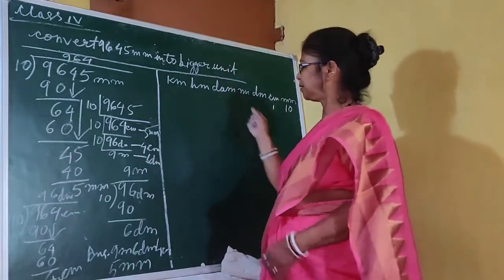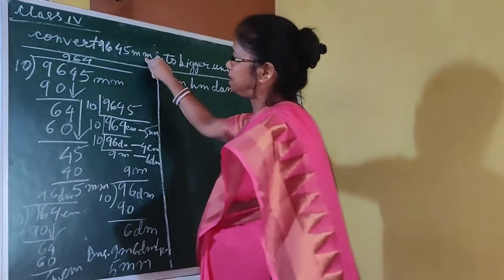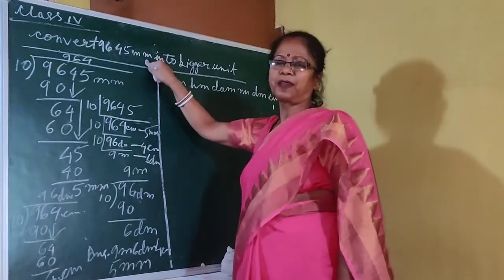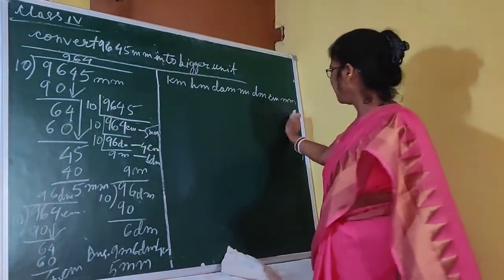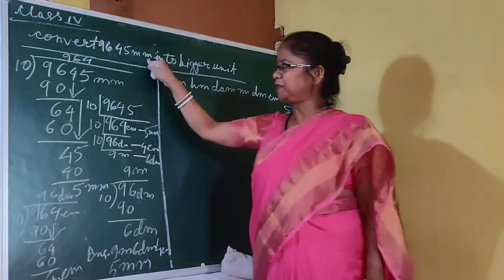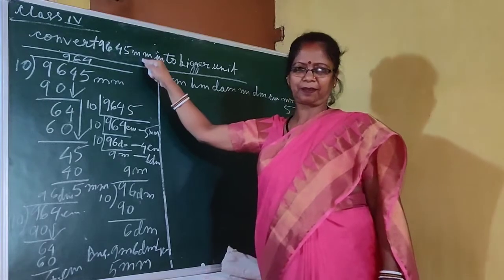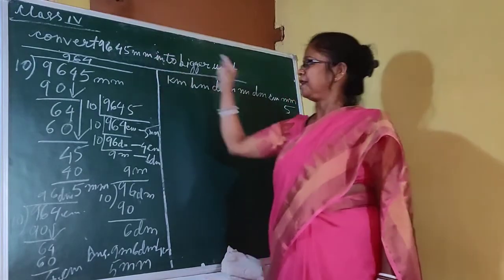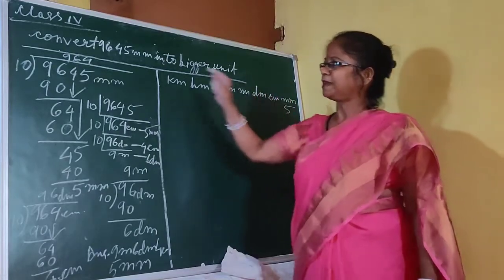It is given as 9645 millimeter. So I will start by writing millimeter, and write 5 here. Millimeter is the last unit. This whole number is in millimeter, and every unit is 10 times the next.